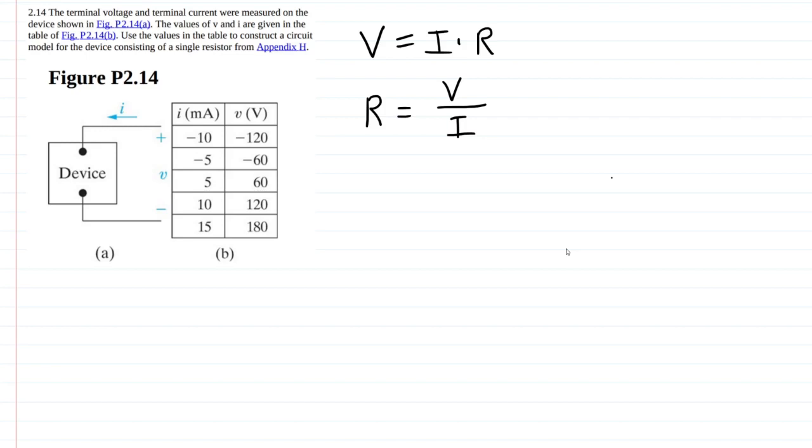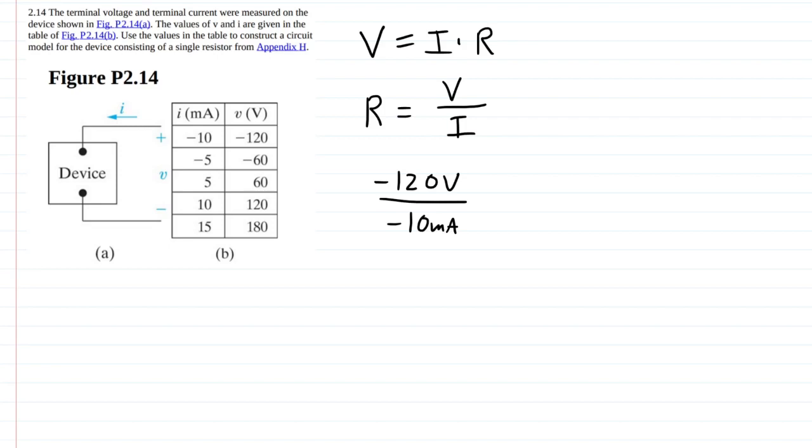In the first case, we have negative 120 volts divided by negative 10 milliamps.